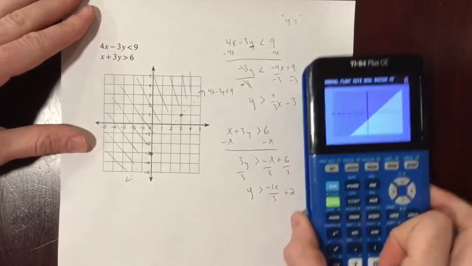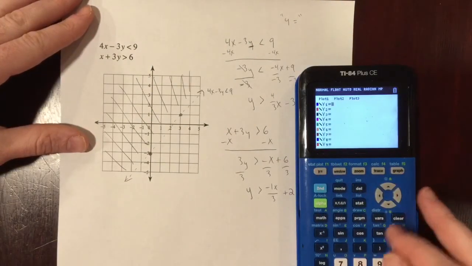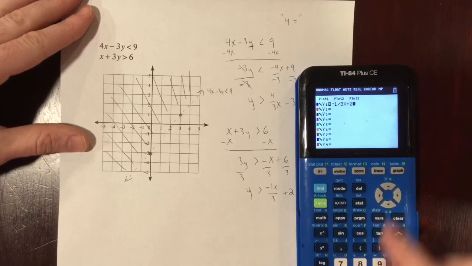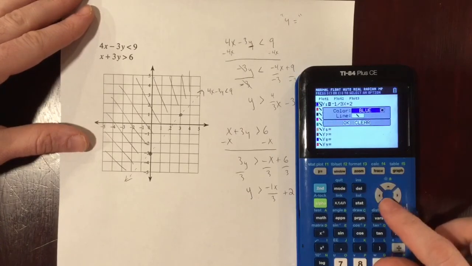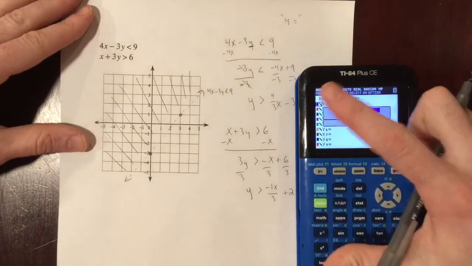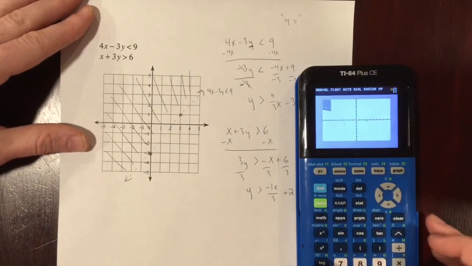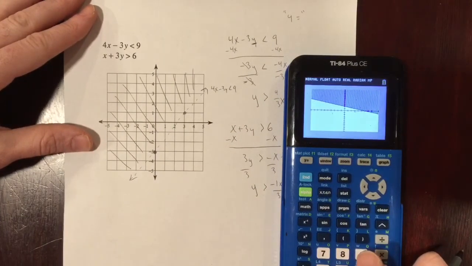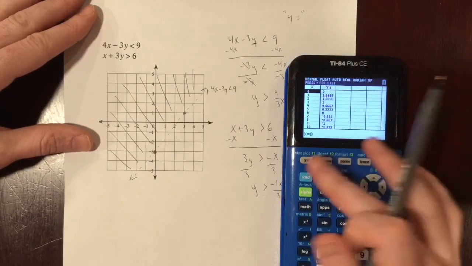Okay, so I'm going to go back to my calculator. I'm going to clear this out. Negative 1/3 x plus 2. I shouldn't have cleared this out, but I'm going to go all the way to the left again. Select my line. Again, I want the triangle that's facing towards the top. It looks like the greater than sign if I were to kind of take this out here. And I press graph. And again, this is what it's going to look like on my paper. Second graph gives us the points that I want to plot.